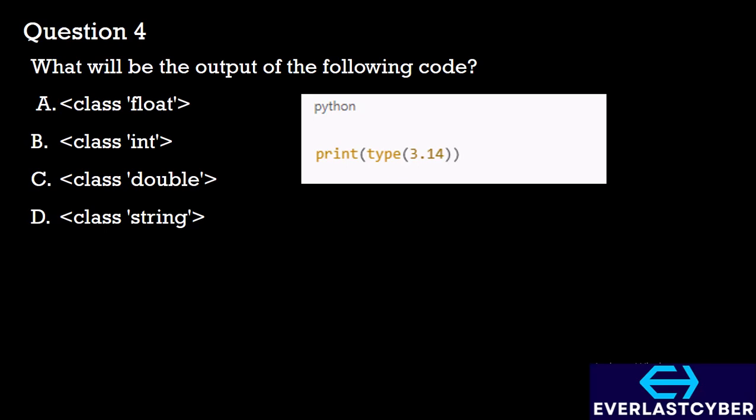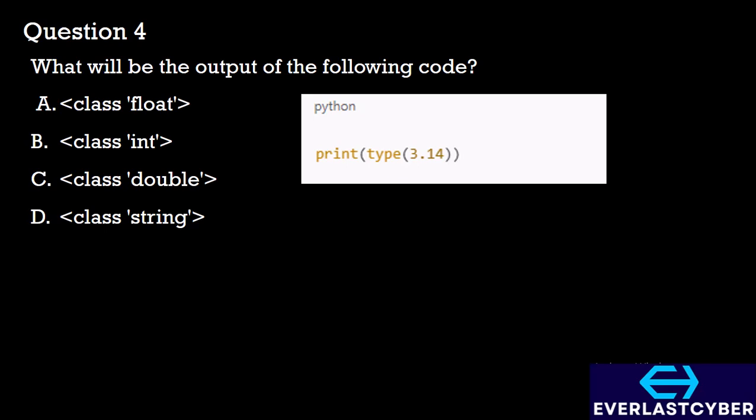Question 4. What would be the output of the following code we have on the screen? Option A, class float. Option B, class int. Option C, class double. Option D, class string. Looking at what we have, the number 3.14 is recognized as a floating point number in Python.